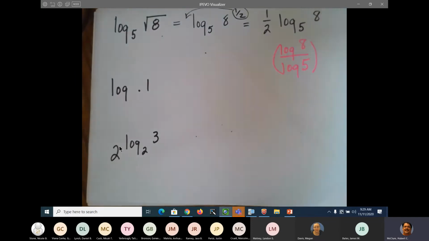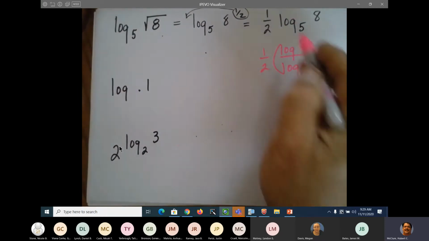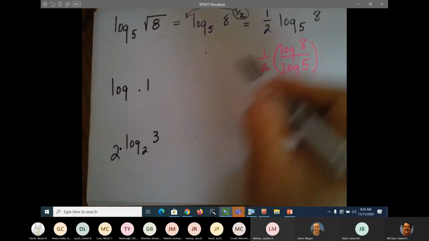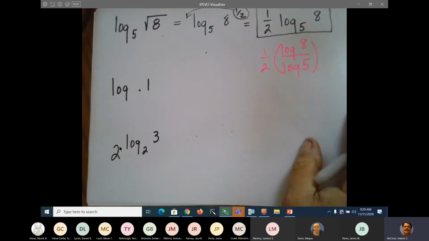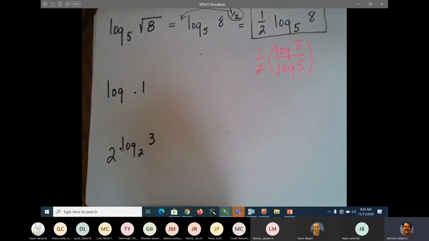And I'm going to multiply that by 1/2. Okay, now that's in pink, so that's kind of extra. This is the answer that you're looking for. Okay, that's the power rule.